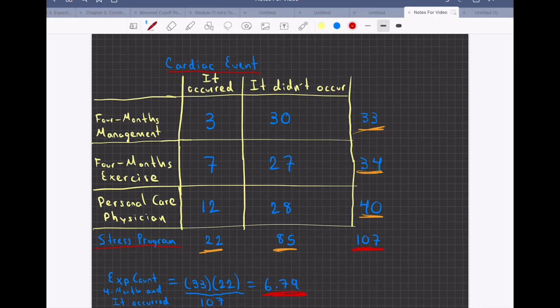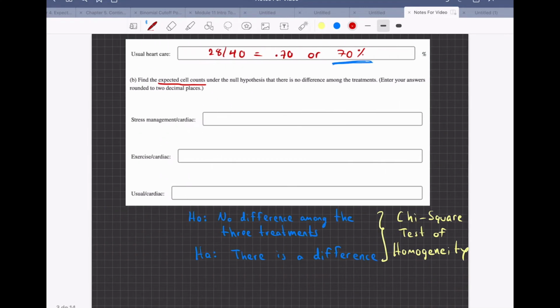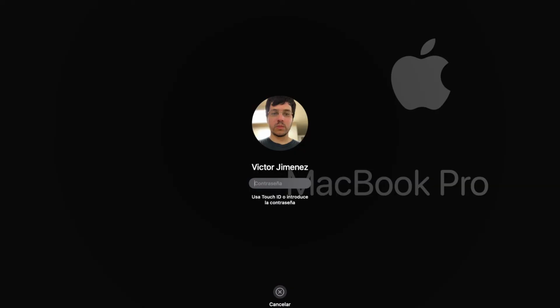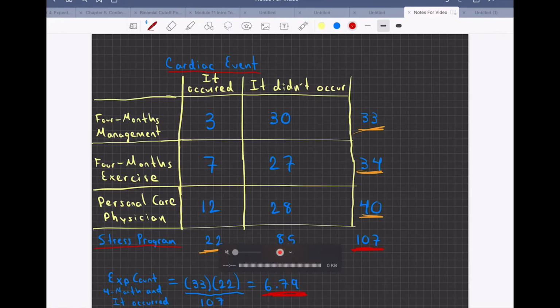Verify that if you want, please. And that is supposed to be the answer here, 6.79, and so on for the other cases.